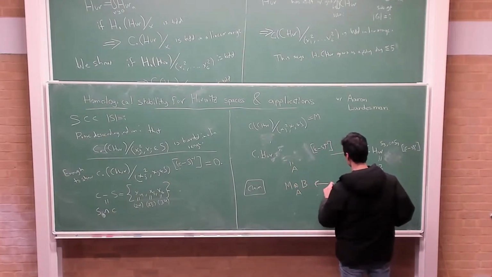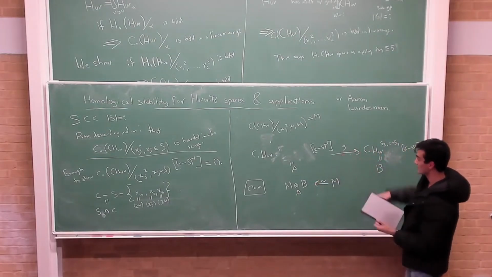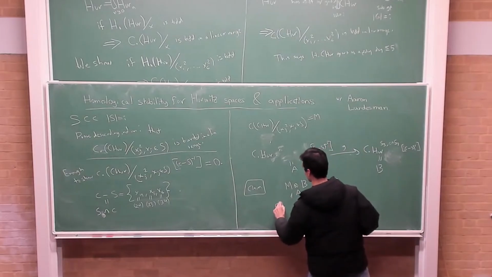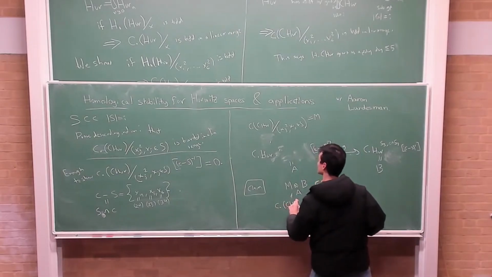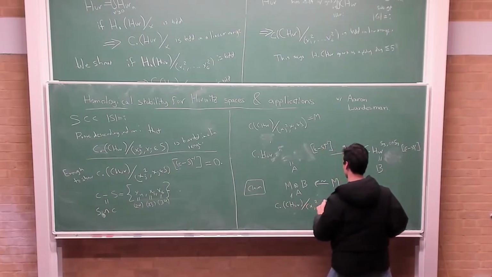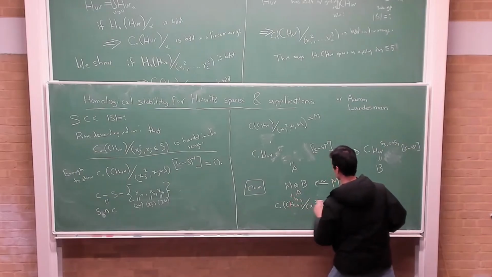M is just isomorphic to the base change along this map. When you base change along this map, you exactly get the chains on the connected Hurwitz space, where you quotient by xj squared, and S, but now you're working over the Hurwitz space for the symmetric group on 3 letters.